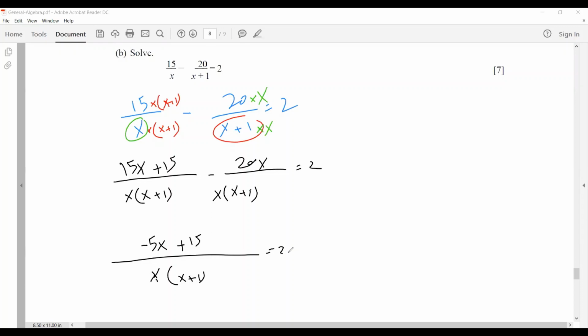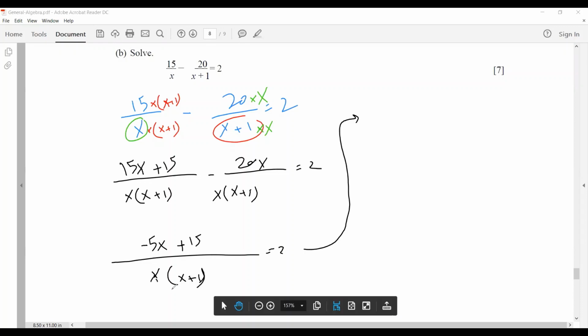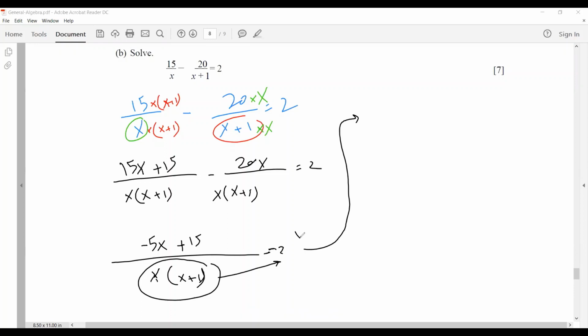So I don't have much space. I'm going to continue up here. You can cross multiply. Everything here goes up, or you say I multiply both sides by x times x plus 1. It's the same thing. So at the end, you're left with negative 5x plus 15 equals 2x times x plus 1, right? Just cross multiply.